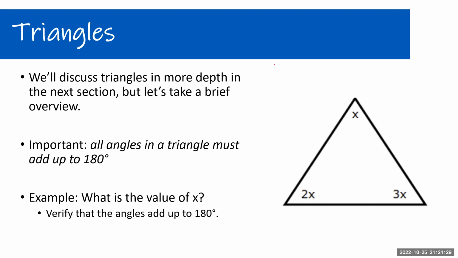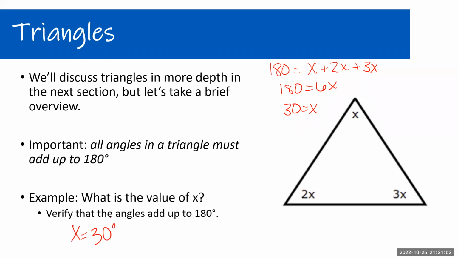So here we would say, well, we know that 180 has to be the sum of X plus 2X plus 3X. So that gives us that 180 equals 6X. If we divide 180 by 6, we see that 30 equals X. So X must be 30 degrees. Okay.